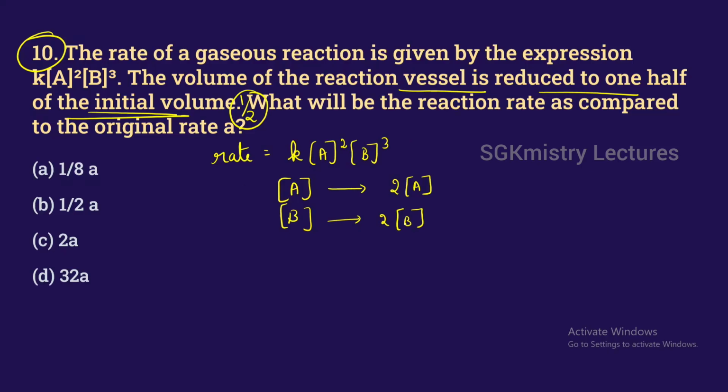So now what will be the reaction rate as compared to that of the original rate? So we have the substitution now. K, instead of A, we need to write now 2A, so square, keep it as such. Instead of B, I'm writing 2B, keep the cube as such. So K into 2 square is 4, so of course we have 4 into A square.